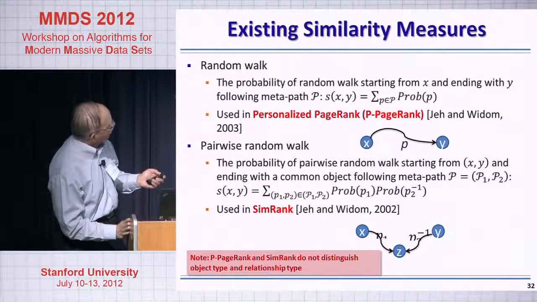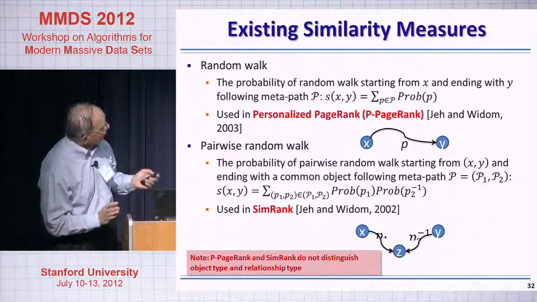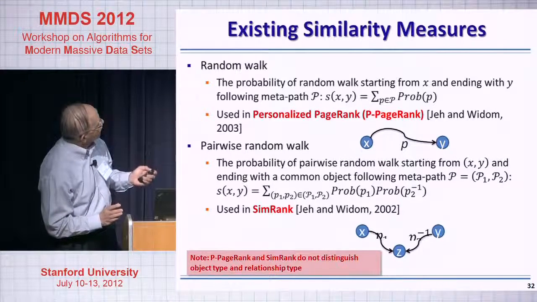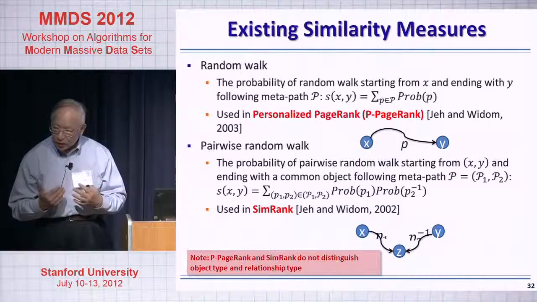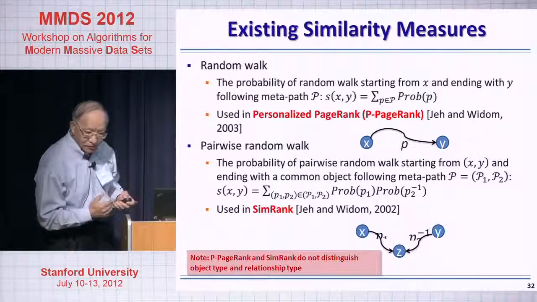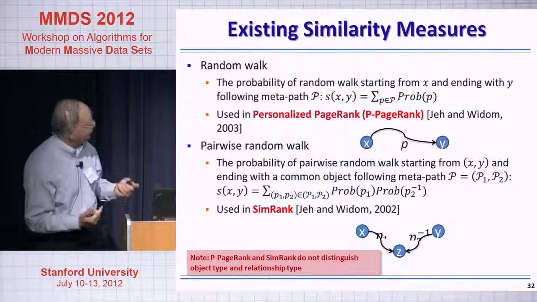Another one, SimRank, also by Jennifer Widom's group. One is more like a random walk. The other one is based on a pairwise random walk. Then we use these, plus the MetaPath, to see whether we can do better.